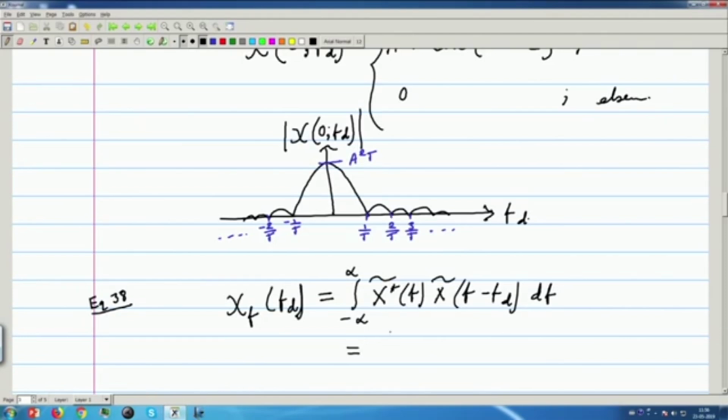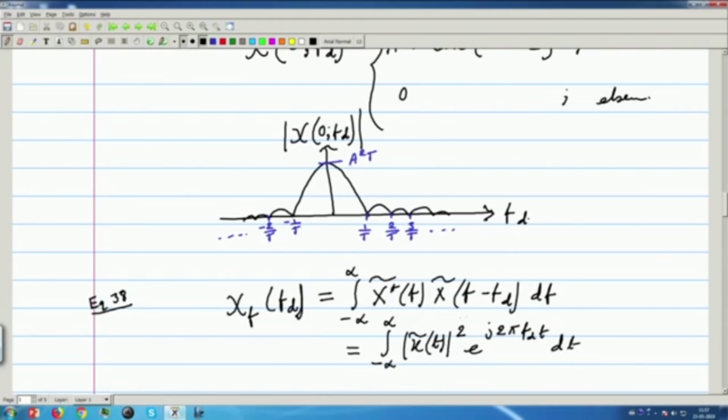We have also proved that in the time domain, we can write that as the integral of x t square e to the power j 2 pi f d t d t. This was our equation 38.